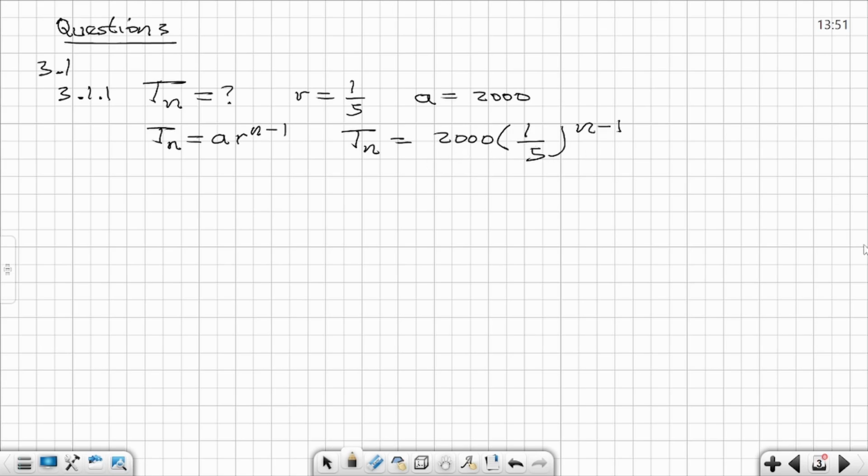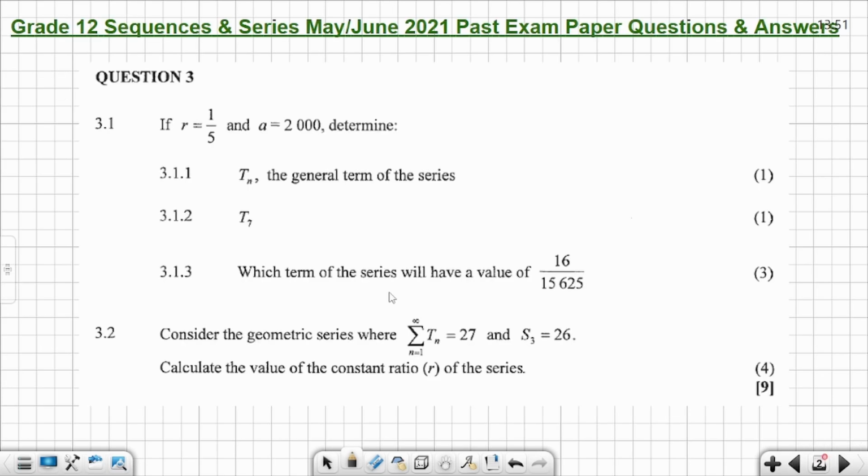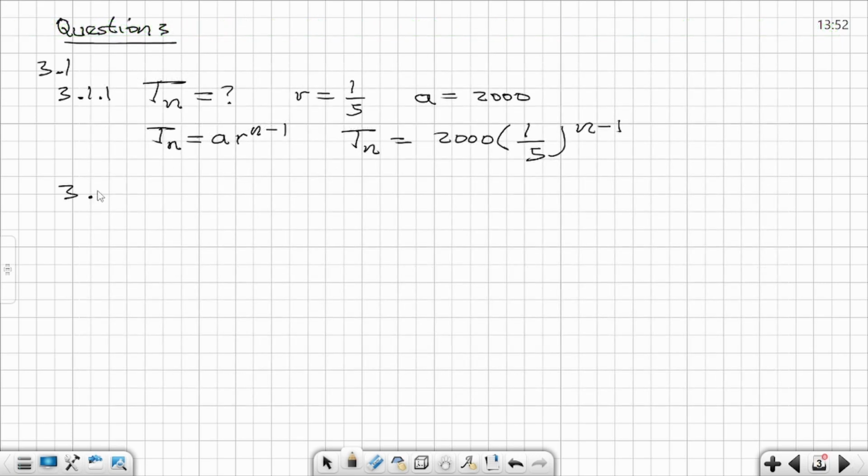And the next question, what is the question saying? 3.1.2 says determine T7. So we need to determine the seventh term. We're going to use the general term found in the previous question to determine T7. What is T7?